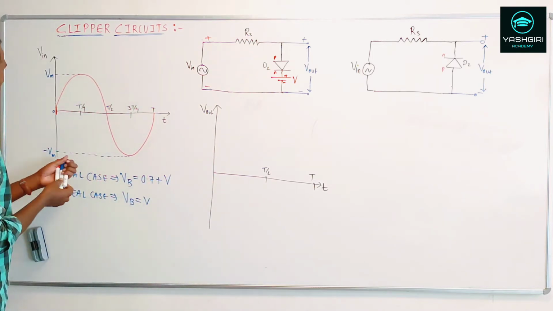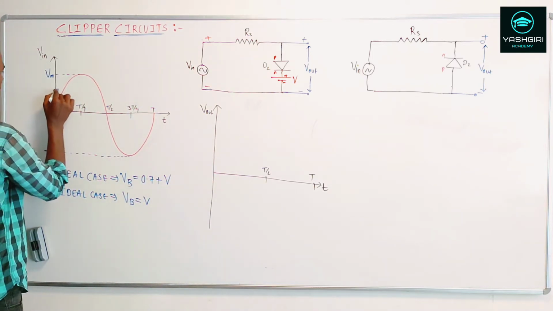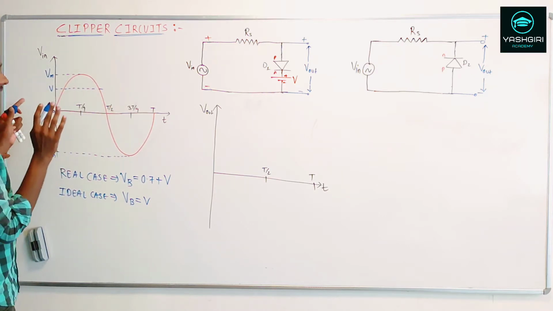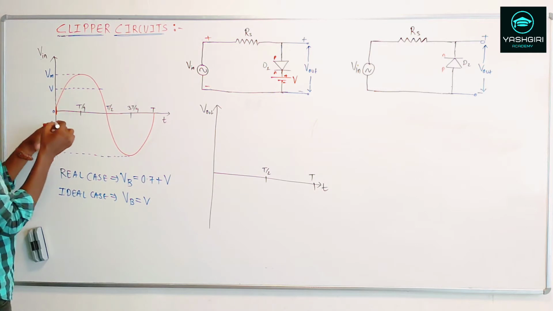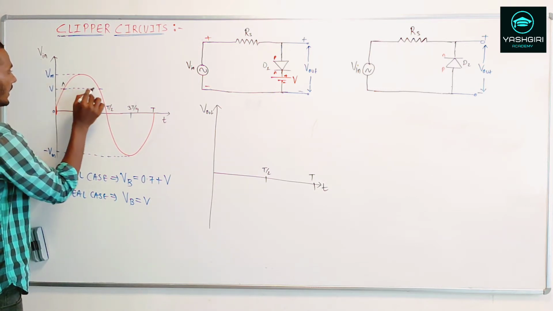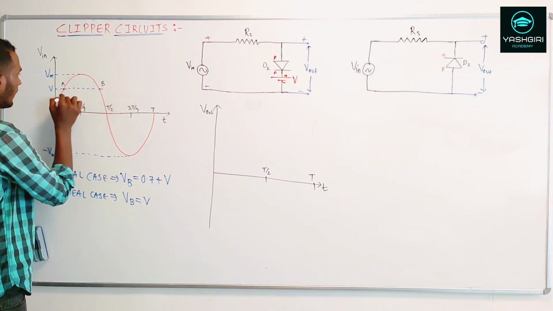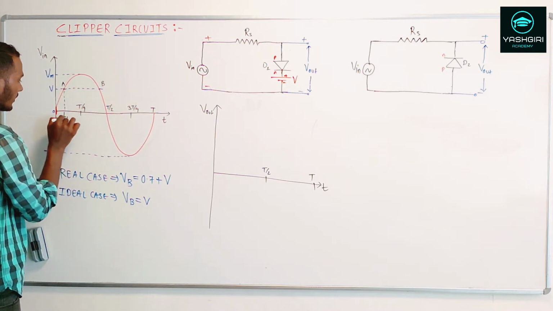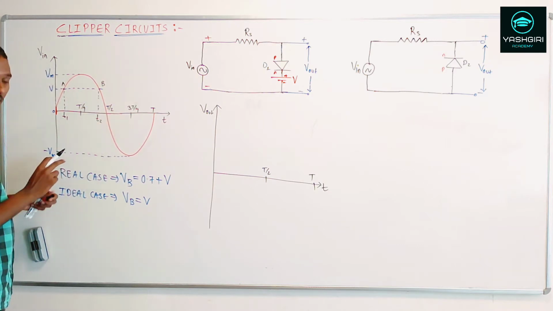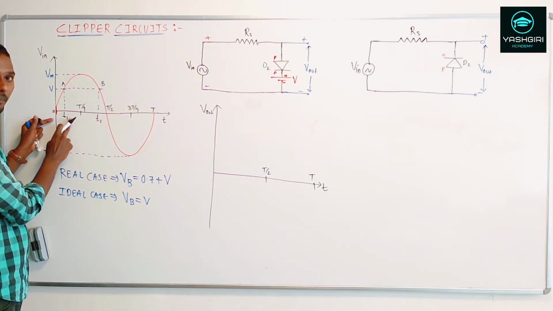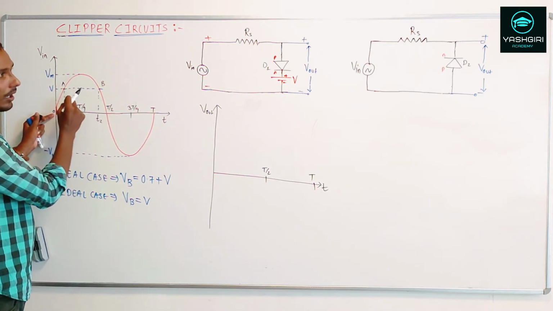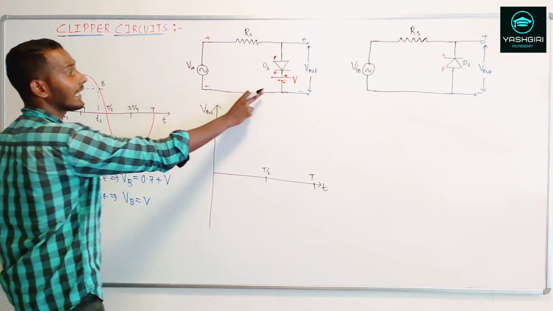So let me choose this as your V volts. Let me put a point over here: let this be A, this be B, and let the corresponding times be T1 and T2. In the region from 0 to T1, that is from 0 to V volts, the input is varying, but V in is less than V volts.